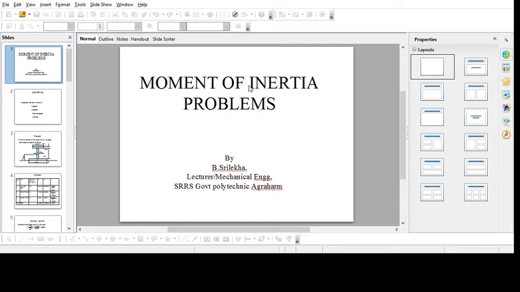For this also, it is 28 only. Next, if you find the distance from the centroid, it's nothing but the x bar. So you got that x bar as how much?